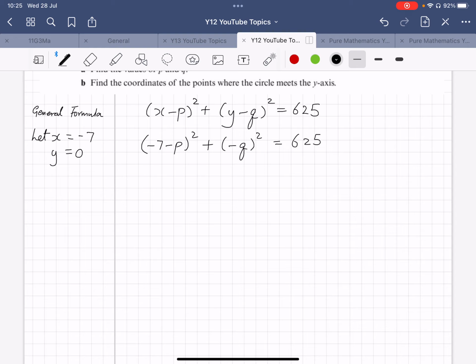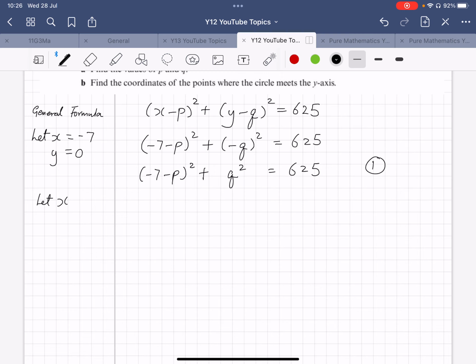Let's do the q first, that's easiest. And I would state that's -7 minus p all squared plus q squared equals 625. It's not very tidy, but I don't want to manipulate it anymore for now. This is my equation 1.